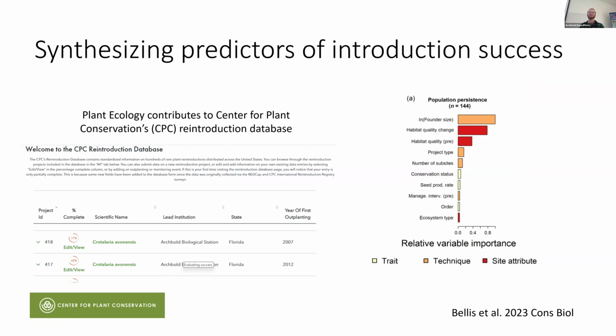They have this database that basically tracks all these introductions, so we can go in and update it and say how they're doing. And then they get used in meta-analyses like this one that came out this past year in Conservation Biology, which aggregate across introductions worldwide. In this particular one, they found that the founder size and the habitat quality change are some of the best predictors of what introductions will succeed.